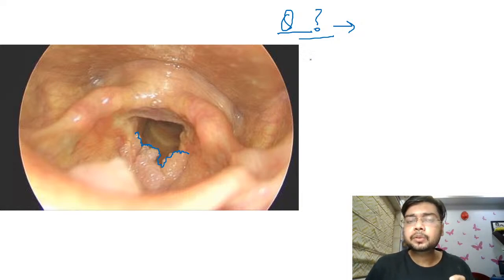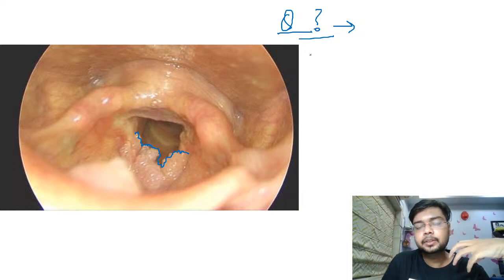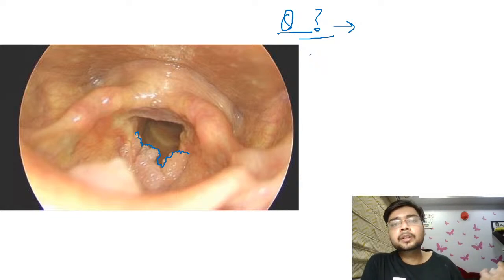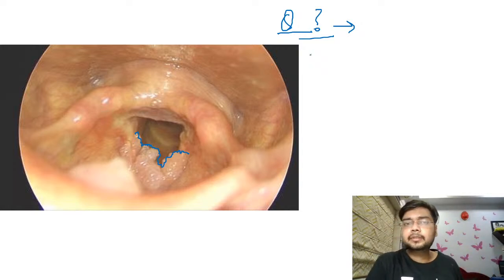And if I give you a history of recurrence, that means a child has presented to you with respiratory complaints and this condition is recurrent. Recurrent means he has been on treatment once, after which his respiratory distress reduced with some interventions, and then again he presented to you with this. So can you fetch the diagnosis with the clinical picture that I told you?